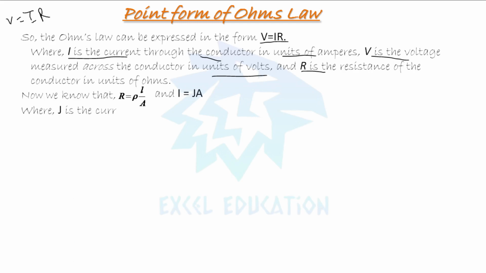Now we know that R equals rho L by A and I equals JA.